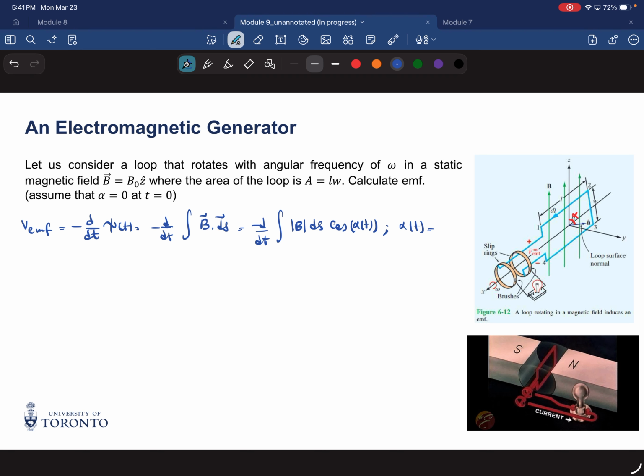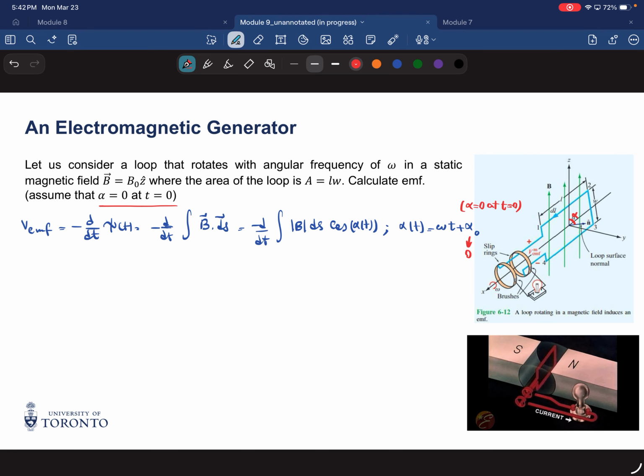Alpha of t can be written as a function of t as omega t plus alpha naught. But since we are told that alpha is 0 at time equal to 0, that means this is going to be 0.